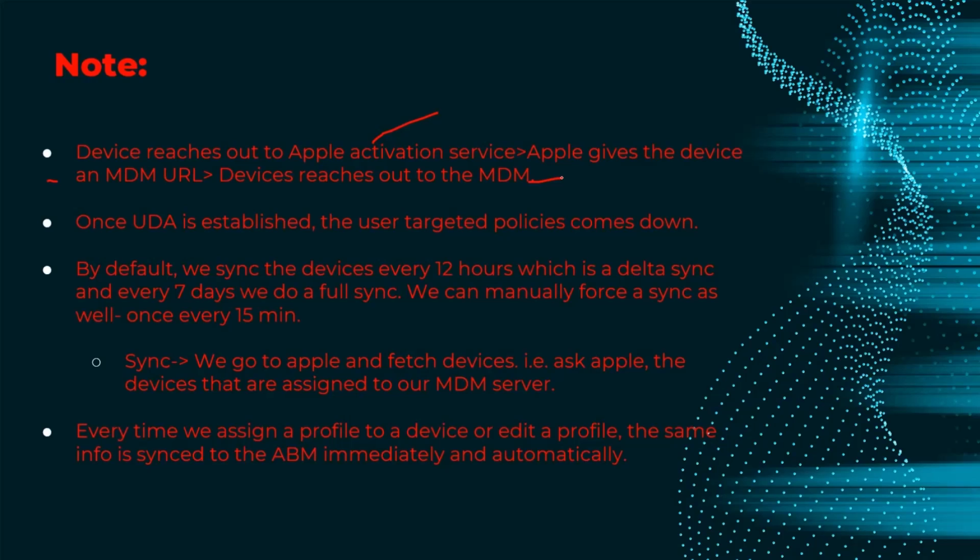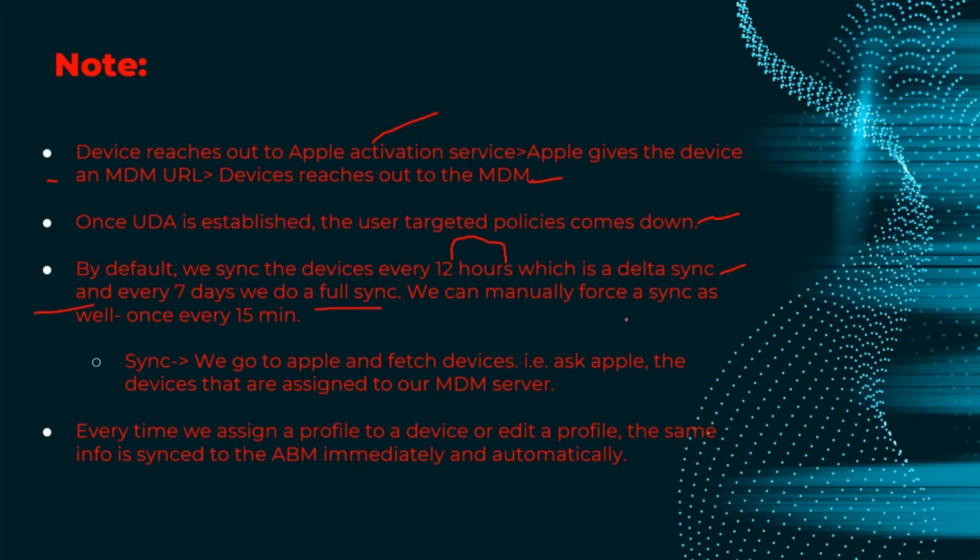As far as registering with Azure is concerned, that happens when the user logs into the company portal application. Once UDA is established, the user targeted policies come down by default. The sync between ADE and Intune happens by default every 12 hours. That is a delta sync, and every 7 days there is a full sync.